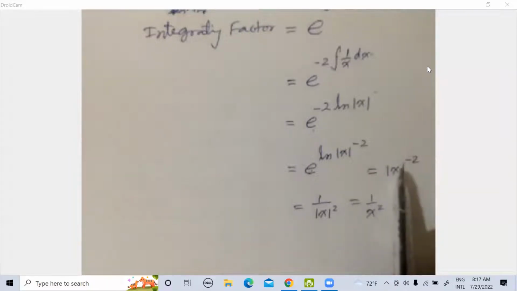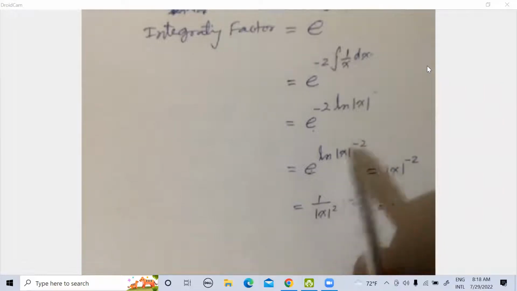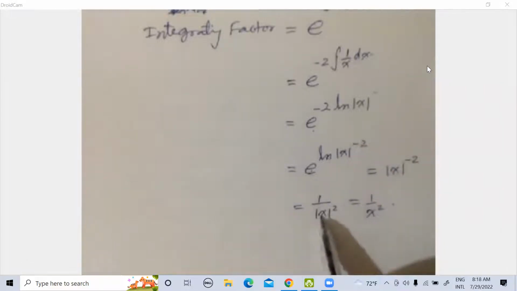You get the function back there. Absolute x is x if x is greater than or equal to 0, minus x if x is less than 0. But when you square, whether it is plus or minus, we will get x squared. So integrating factor is 1 over x squared.